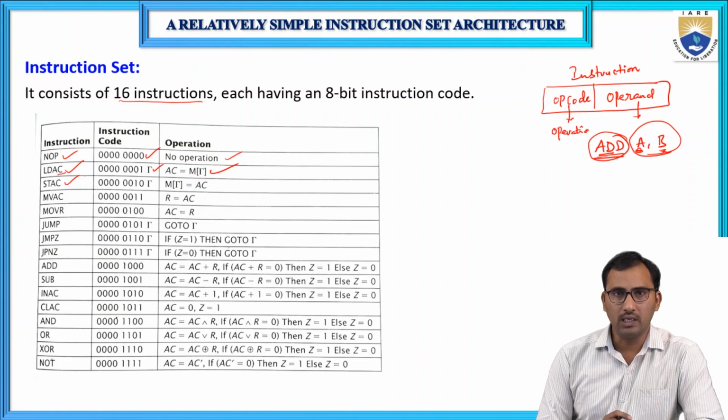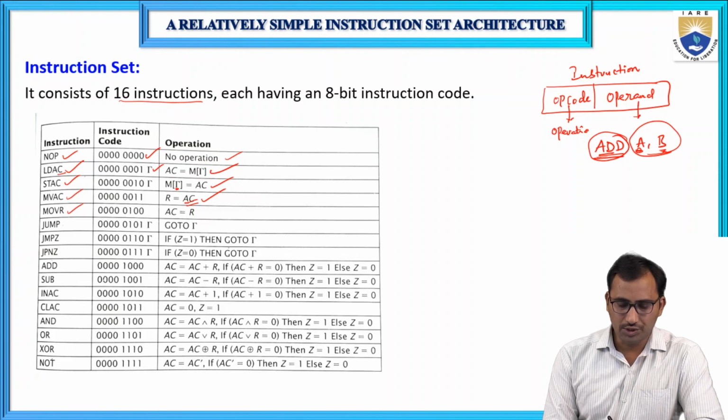That means whatever value is in the accumulator will be stored in the memory whose address is specified by this data. And MOVE AC, that means whatever value is in AC, we are moving to the register R. Each instruction has its particular instruction code.